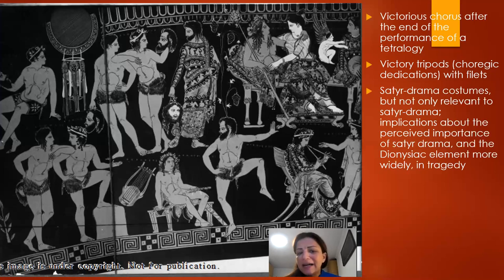Now, although this is a tragic tetralogy, the costumes are satyr drama costumes. And here I have to remind you that Greek tragedies were produced in the great Dionysia of Athens, but possibly also in other festivals, in trilogies, so three tragic plays, one after the other, and they were complemented at the end with a shorter play which featured a chorus of satyrs.